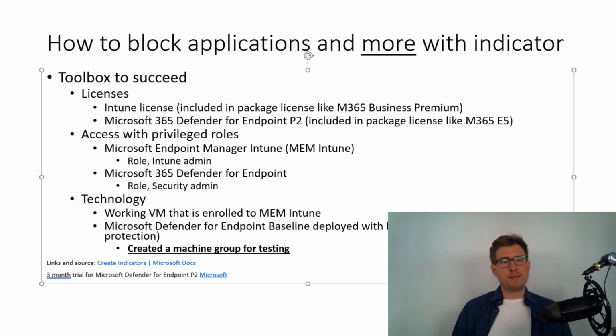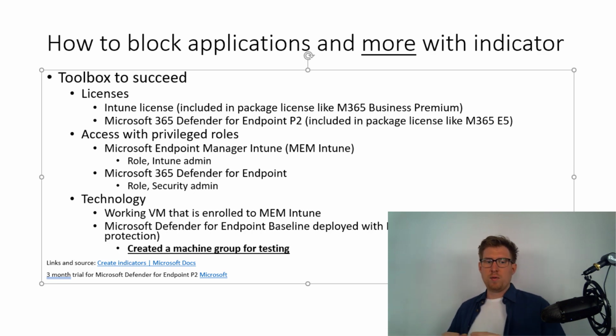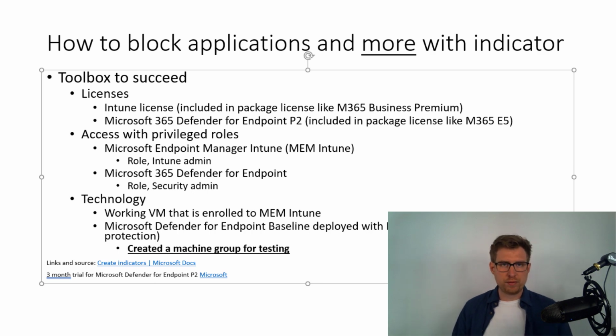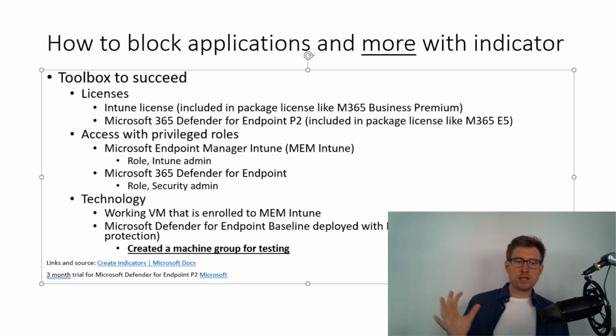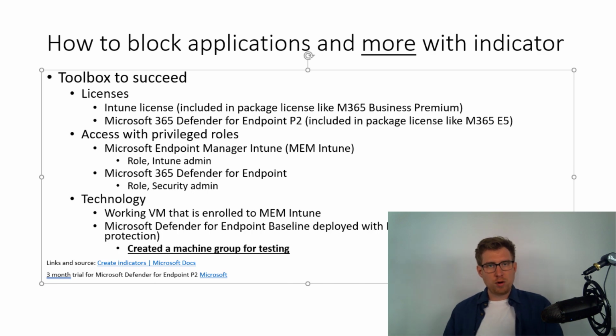We will then also need Microsoft Defender for Endpoint P2, which is included in a package license like M365 E5. For our privileged roles, we will need the Intune Admin role, which will give us access to Endpoint Manager, Intune. We will then also need the Security Admin role, which will give us access to Microsoft Defender for Endpoint, so we can make our indicator and do our configurations.